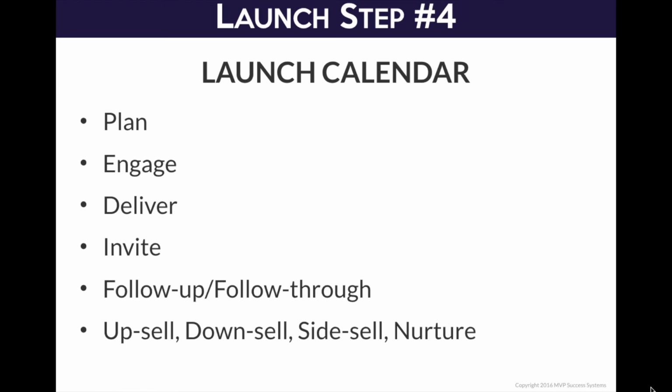And you've got buyers in there, they just didn't buy that program. You'd be surprised at how many people will say no to a $200 group coaching program and say yes to a $4,000 private coaching program because that's what they want. And if you're not nurturing them, you're not doing the follow through, you're not engaging them in the side sell, upsell, downsell, then you're going to miss out on a lot of that.